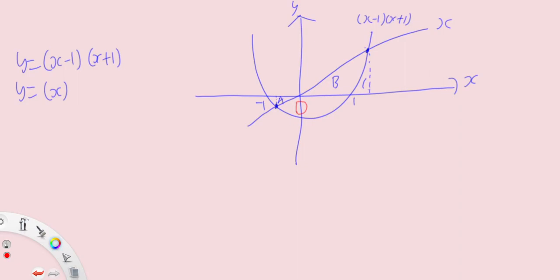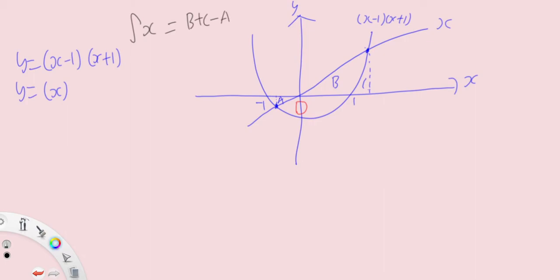However, you only want B. So you have additional A and C. And one more thing to take note of is that the area of A that you got is actually a negative area. So if we integrate x from the two intersection points, it's basically B plus C minus A.